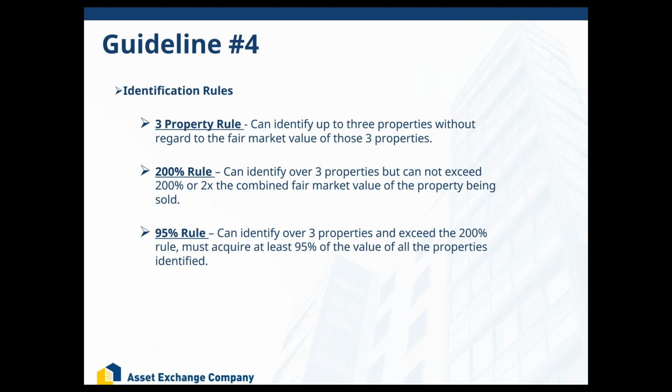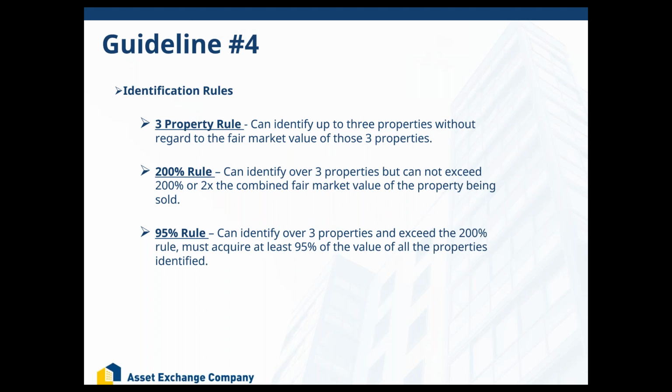What exactly does that mean? If you identify more than three properties, the combined purchase prices of all those properties cannot exceed 200%, or two times, whatever the sales price was on the property that you sold.